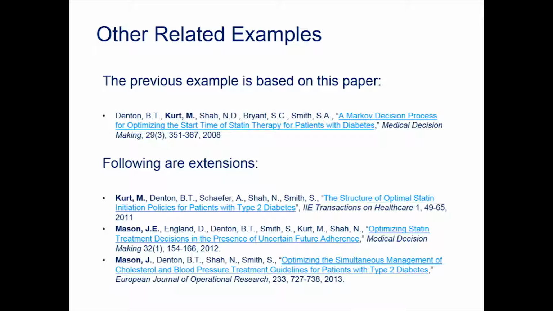Maybe you should use risk to decide how to treat, and not just cholesterol or blood pressure. People don't care about cholesterol or blood pressure. What they care about is not having a heart attack or a stroke. It's a very logical argument, but there wasn't a whole lot of data to support that. So if you're interested, I would check out that paper.